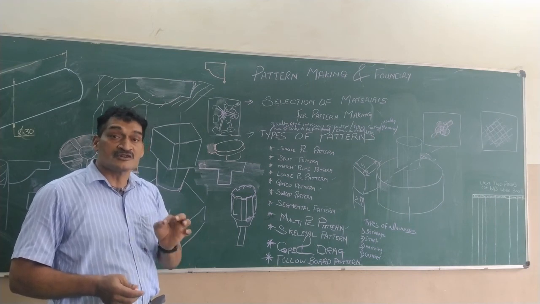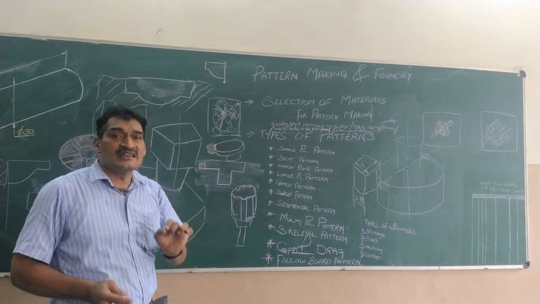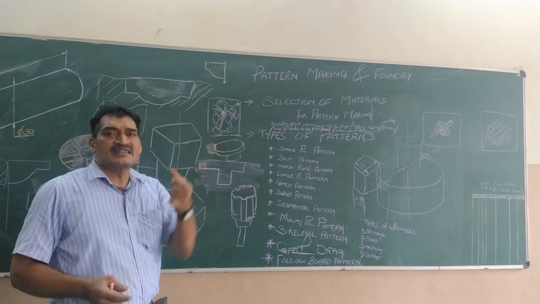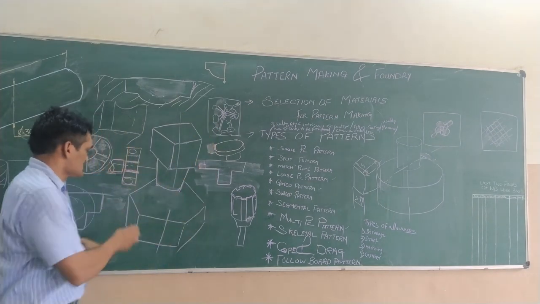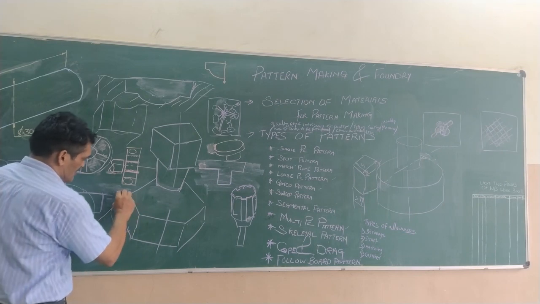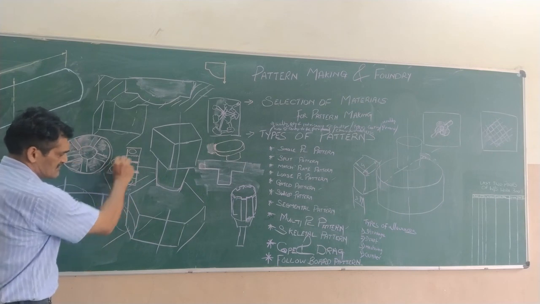No. So it is desired that you have a little clearance. Clearance means a little lesser. Let's say this is our piston, and we have the bore of our two-wheeler.